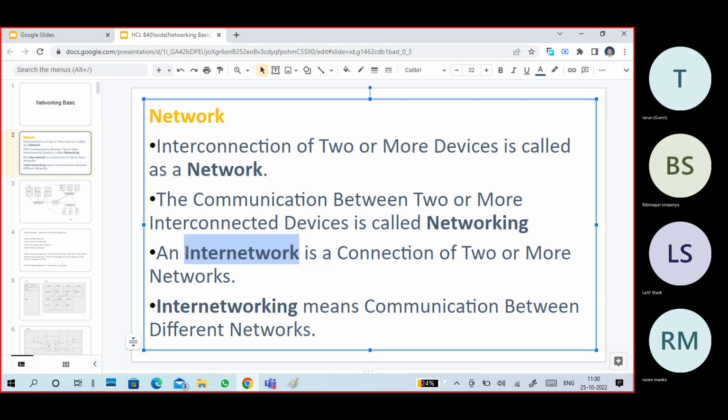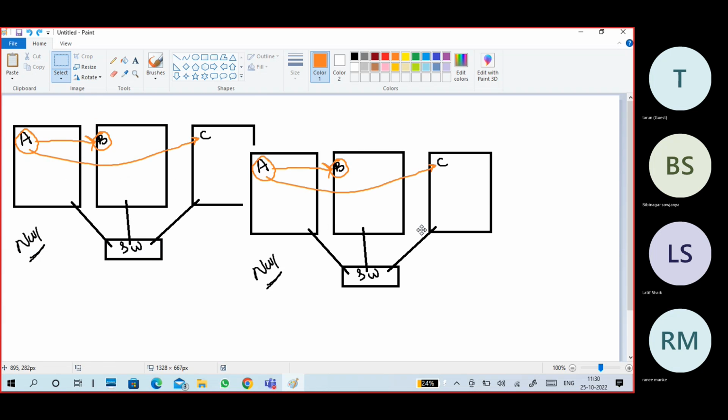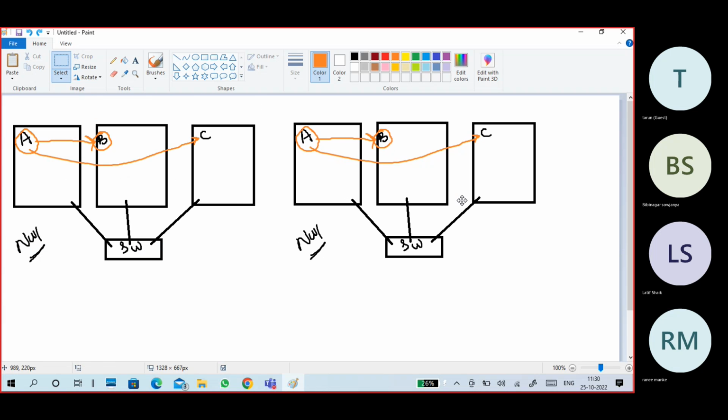Next is internetwork. Internetwork means you have a network like this, and for example another network, network 2, which is a separate network.